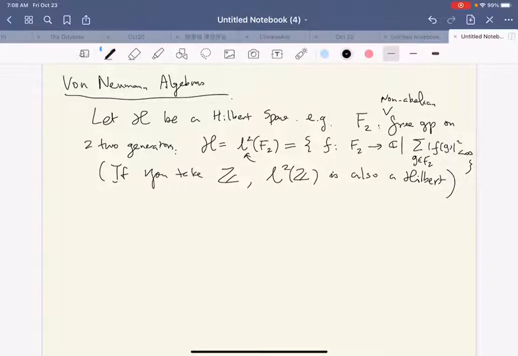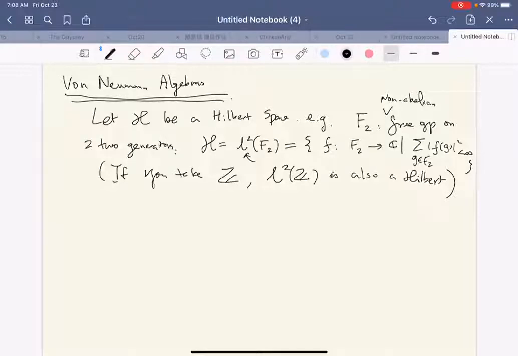As a Hilbert space, all the infinite dimensional separable Hilbert spaces are isomorphic, so all of them work perfectly fine. The reason I introduced this non-abelian free group on two generators is because of the algebra, because I want to talk about von Neumann algebras in a minute. So that would be useful.